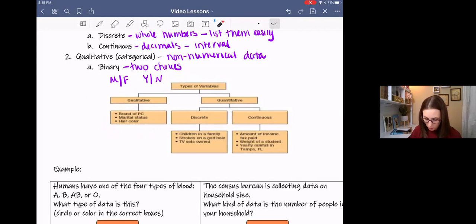Discrete would be number of children, number of TVs, and so on. Continuous would be those decimal numbers where it could really be any number, like height or the speed of a train, or amount of income tax paid, because it could be decimals when you talk about cents. Anything that can be expressed as a decimal is going to be considered continuous.